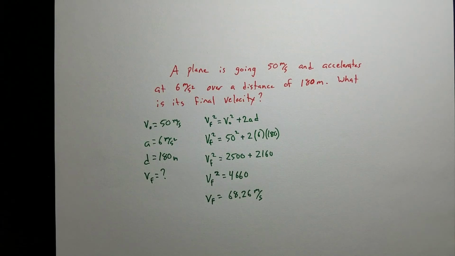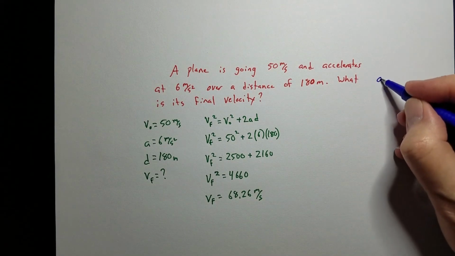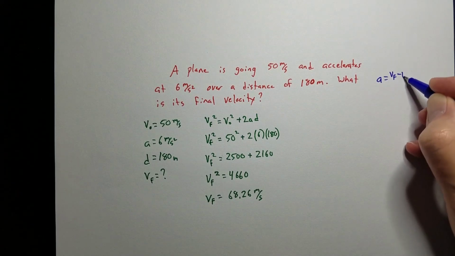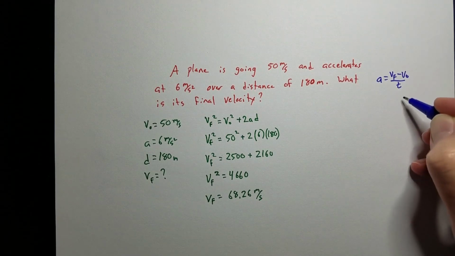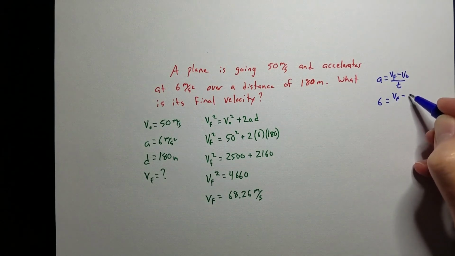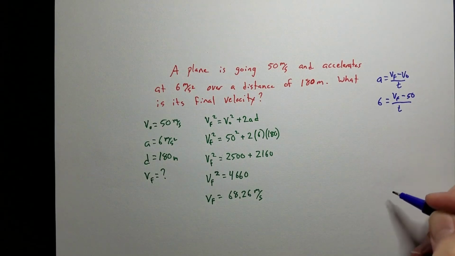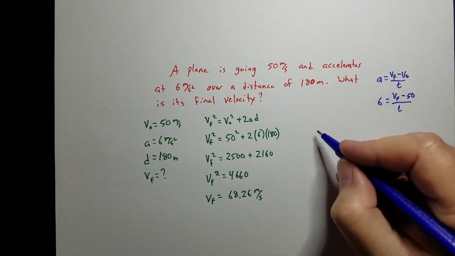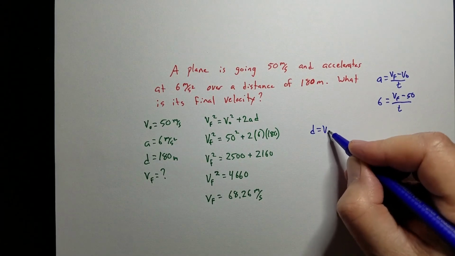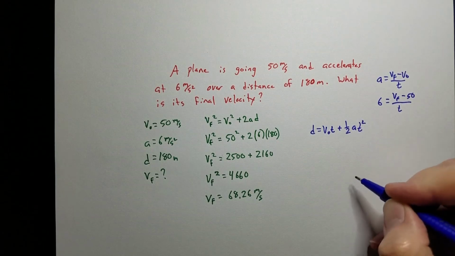Now, what if we try to do one of the other equations? I'm looking for vf, so I can do a equals vf minus vo over t. Well, a is 6, vf we don't know, vo is 50, and time we also don't know. That means we have to use the big long one: d equals v0t plus 1/2 at squared.